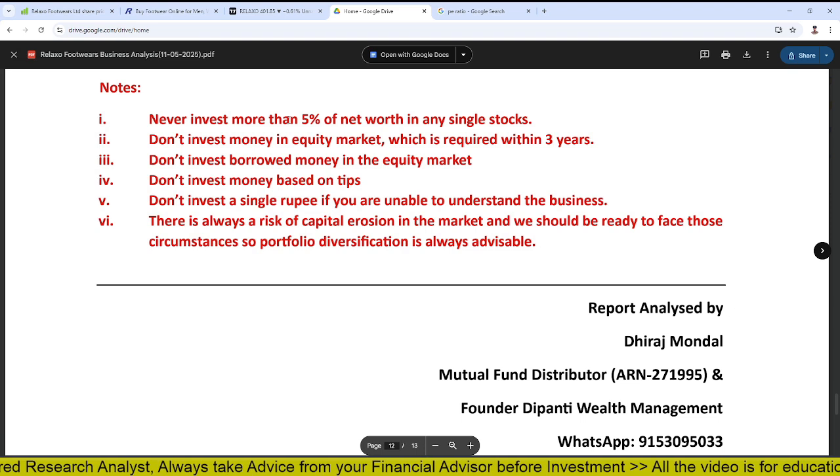Don't invest money based on tips. Don't invest a single rupee if you are unable to understand the business and you have no conviction on that particular business. There is always a risk of capital erosion in the capital market, and we should be ready to face those circumstances. So portfolio diversification is always advisable.